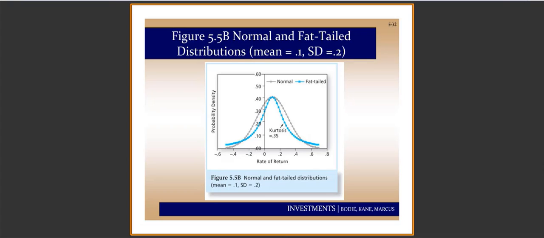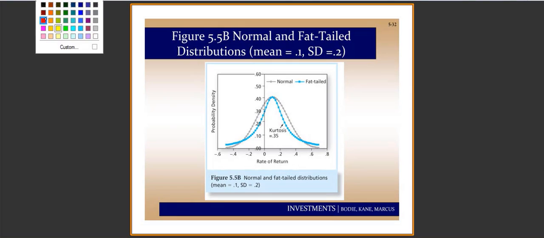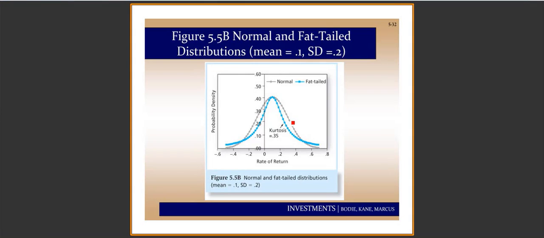I don't want to mess up the beautiful slide here, but notice the gray, which now I am messing up, I'm putting red dots on it, that's a normal distribution. Look at the blue line. The blue line is skinnier in the middle, but it's got fat tails, doesn't it? See these fat tails out here? They're taller, they're fatter. And so kurtosis has to do with the fatness of the tails.